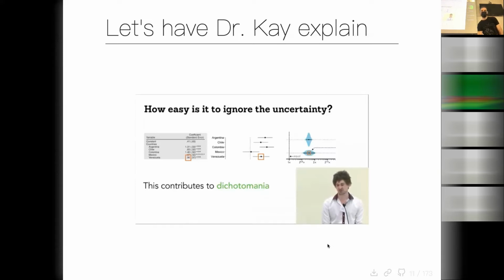So what happens is I take all of these intervals that didn't overlap 0, and I'll publish those, and I won't publish that one, and then we get publication bias. So this is a problem.